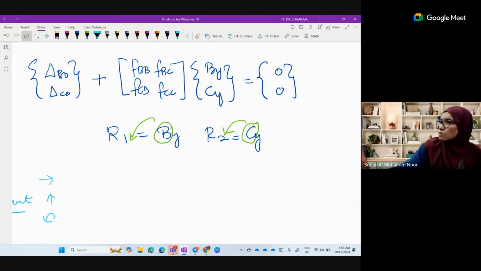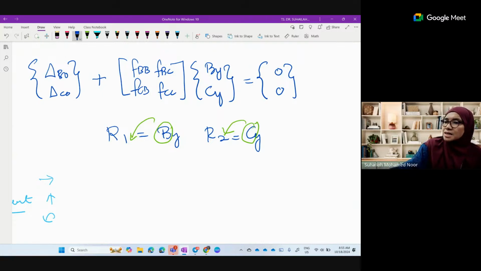So 1 for redundant 1, 2 for redundant 2. So the above compatibility equation can be written in standard form. So mana-mana B semua tukar jadi 1, C tukar jadi 2. Boleh? So tulis balik je lah.